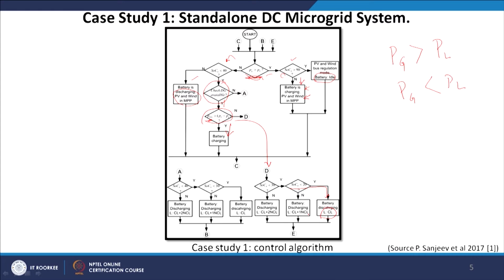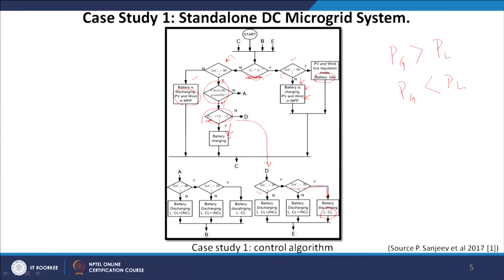I repeat, if my diesel generator has excess energy which is more than the difference between the load and the generation, then I can charge my battery. If it is not greater, then I have to take some energy, because the diesel generator is not able to meet my load and generation difference.